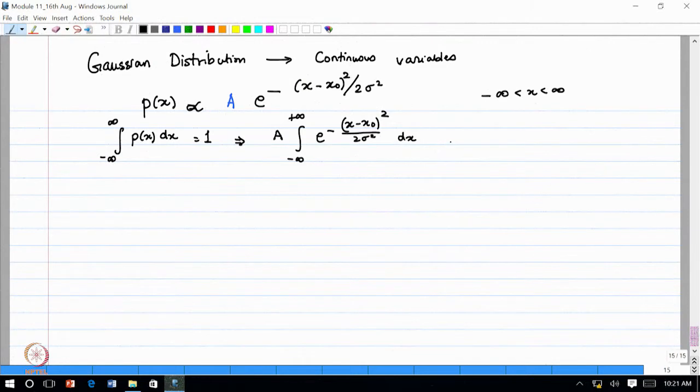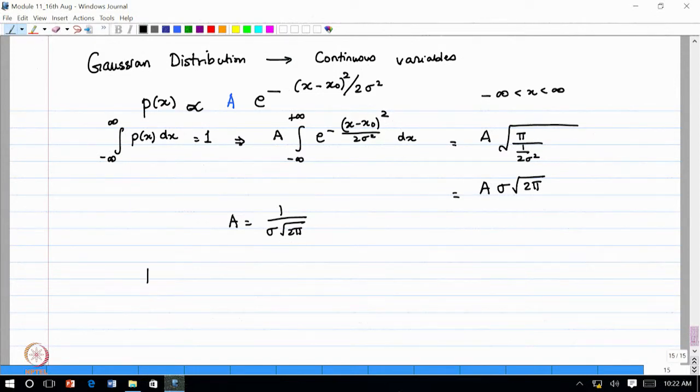So, this works out to be a times square root of pi divided by 1 by 2 sigma square, which is equal to a times sigma root 2 pi. So, this equal to 1 implies a is equal to 1 by sigma root 2 pi.